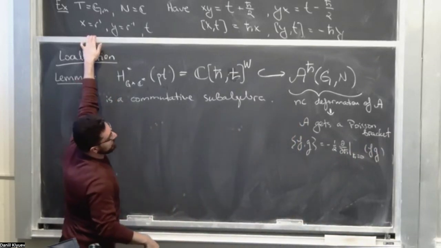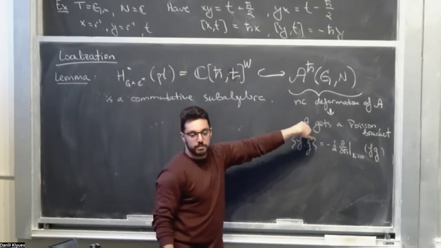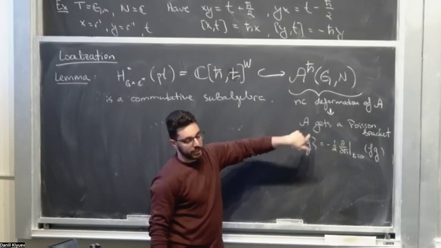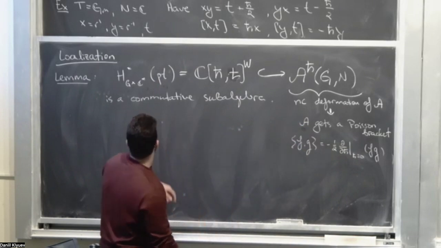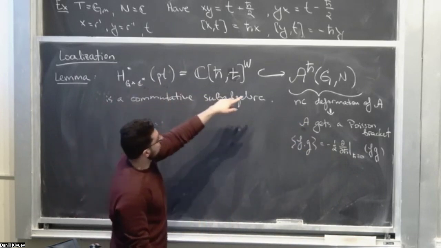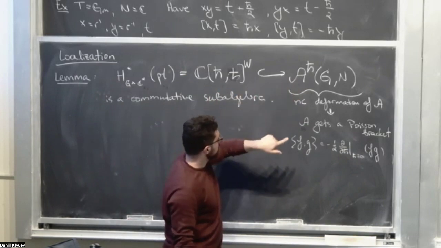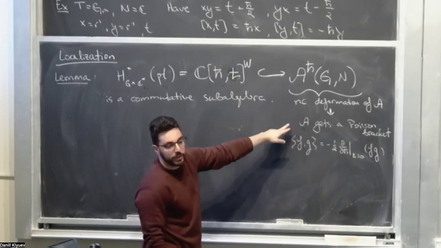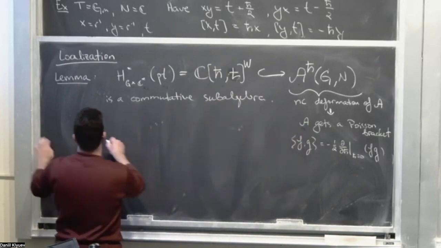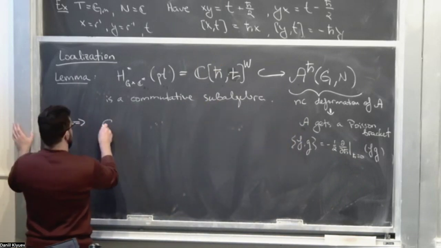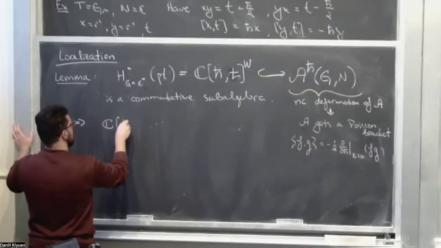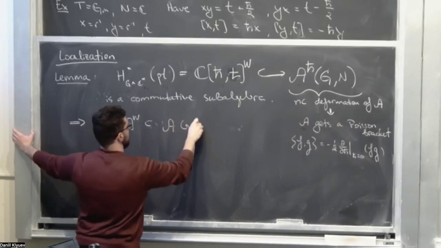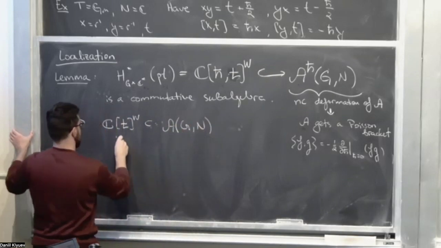So once we prove that A is commutative, Spec of it, which is the Coulomb branch, becomes a Poisson variety. And because it's a commutative subalgebra in here, when you set H-bar equal to 0, it's a subalgebra of A, the T-invariants inside of A_{G,N}, and it's a Poisson commuting subalgebra.